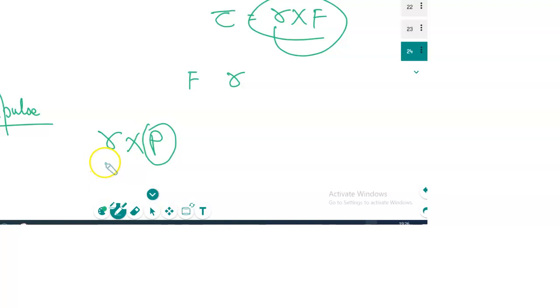Multiplied by R, it becomes angular momentum. You have forgotten that. So R into P becomes angular momentum. Is it clear? Okay.